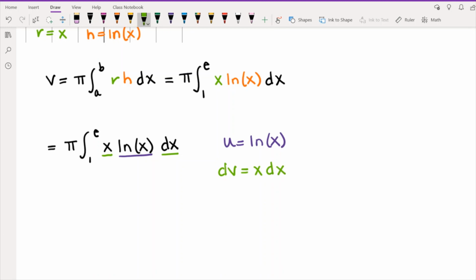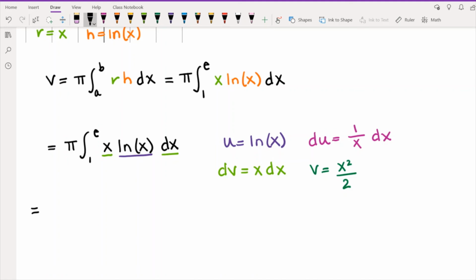And so our du is 1 over x dx, and our v is equal to x squared over 2, which I know looks more complicated, but basically we'll see that it just works well with the 1 over x. Things will simplify.